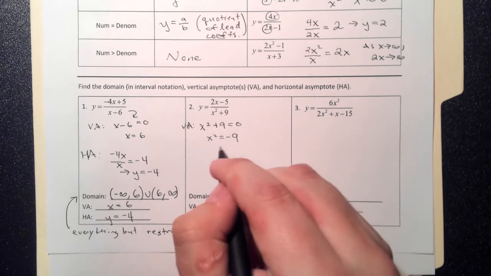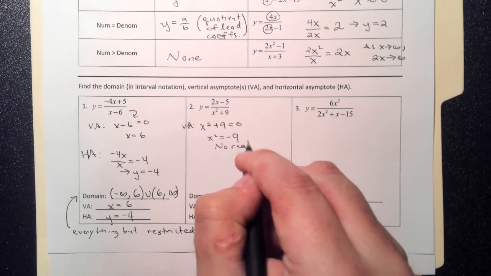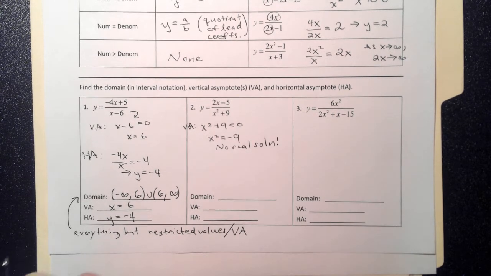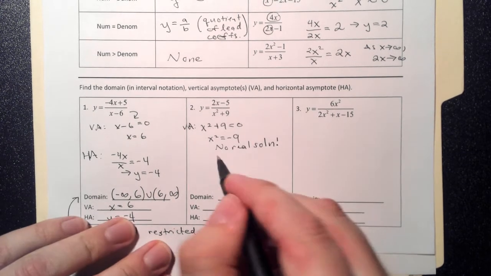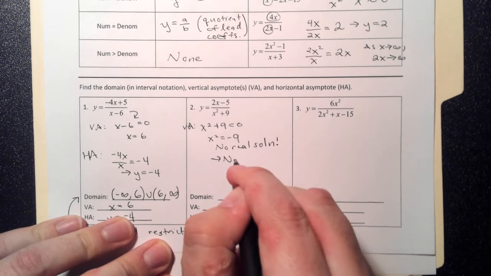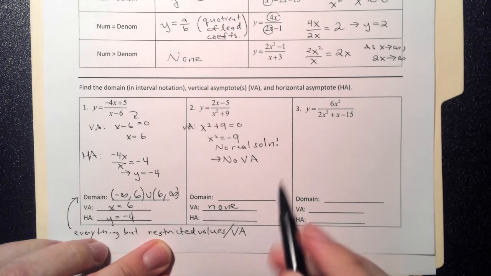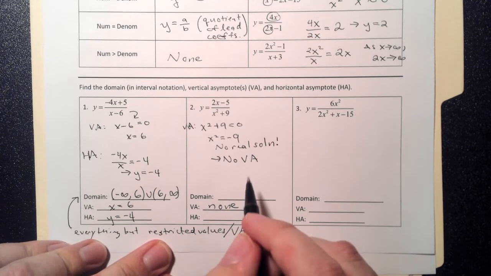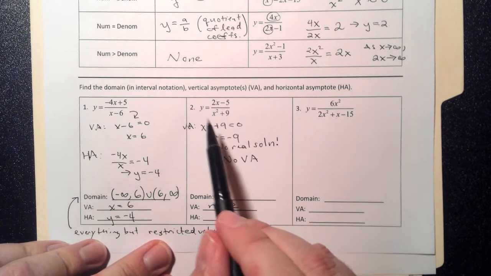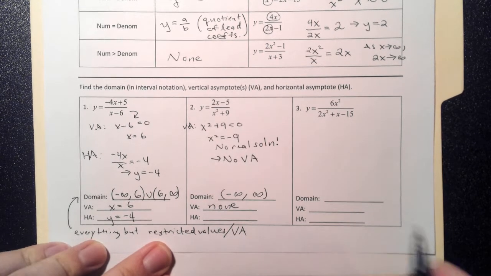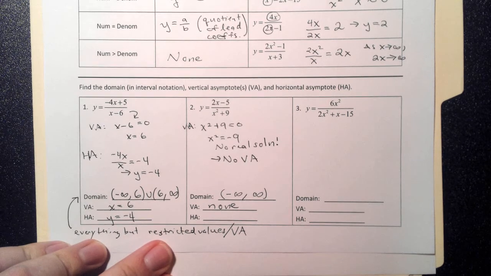So this has no real solution. Since there's no real solution, that means I will have no vertical asymptote, which will also in turn mean that the function has a domain of all real numbers. There are no real zeros for this denominator, so my domain is all real numbers.